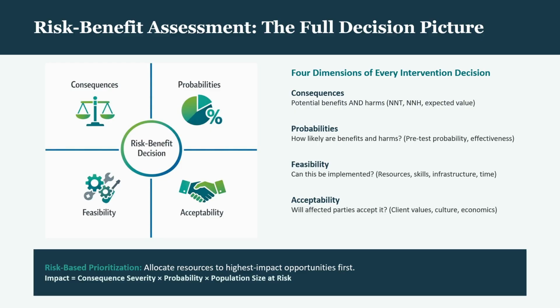How likely are the benefits and harms to actually occur? This is where your pretest probability, effectiveness estimates, and disease incidence rates provide the quantitative inputs. High consequence outcomes with low probability may be less important than moderate consequence outcomes with high probability, or vice versa, depending on the severity and reversibility of the potential harm.